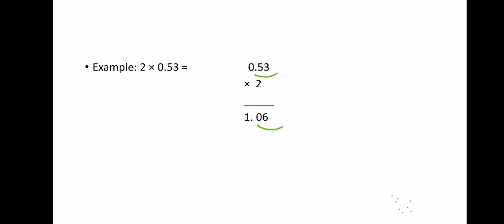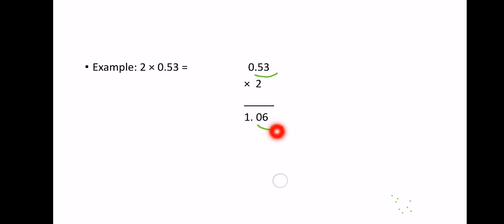Then after I finish, I will count how many decimal places are in my multiplication sentence. Let me count. I have here 3, it's a decimal number. 5 also is a decimal number. So we have here 2 decimal places. I will go to my answer, count from the right: 1, 2, then put my decimal.